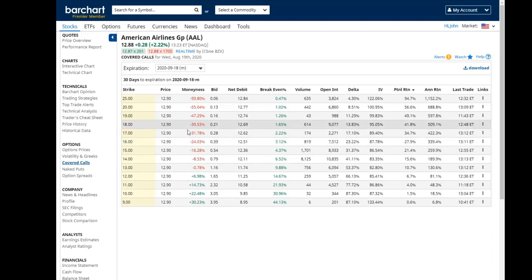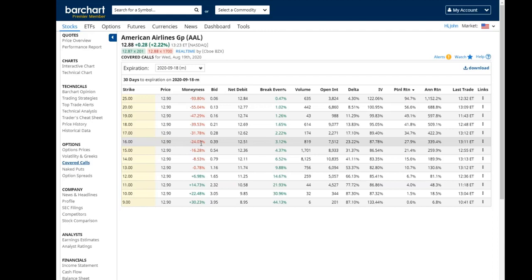We need American Airlines to go to $16 for us to make 27.9%, right? And if we look at our moneyness, it's going to tell us how far away current price is from this strike. And so you can see that the 14 strike is only about 8.5% away, where the 16 strike is 24% away.